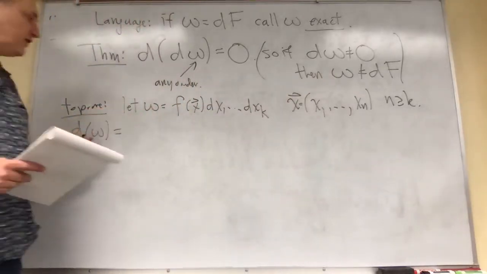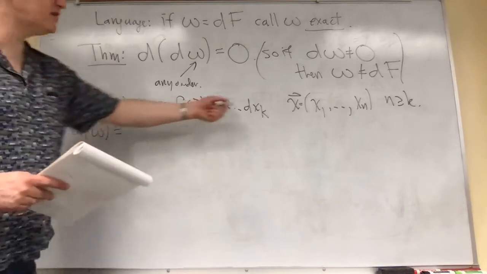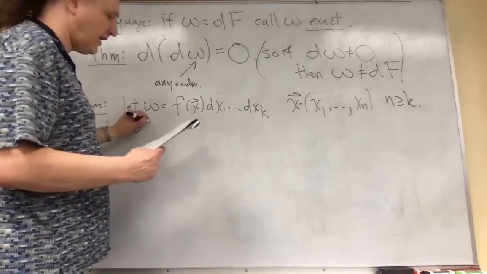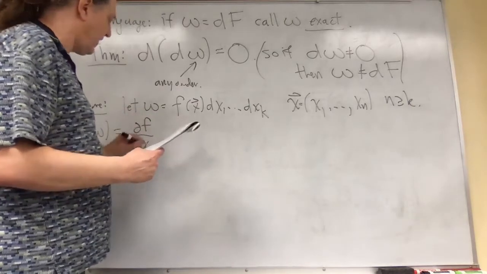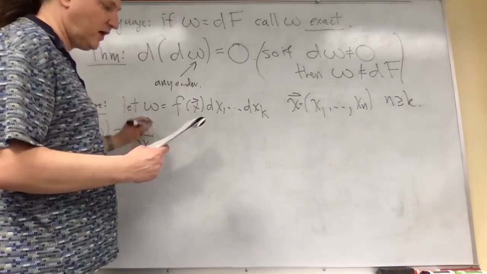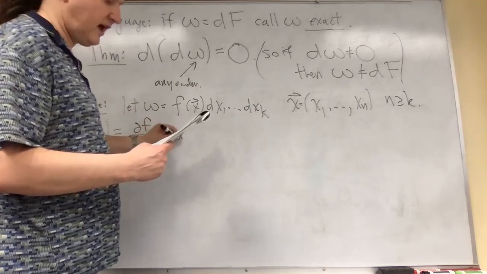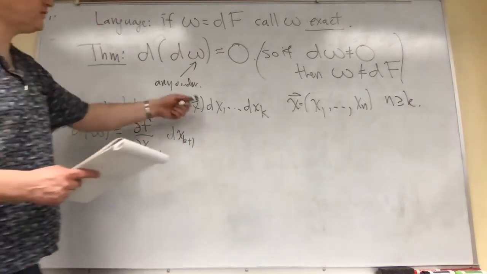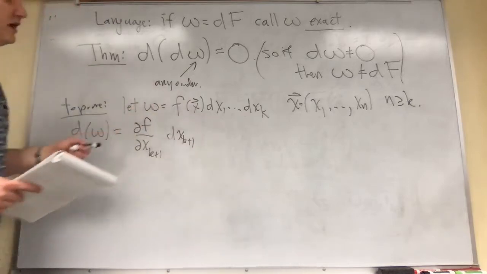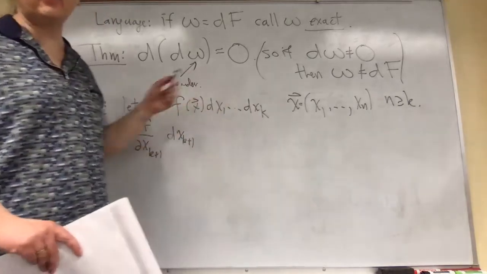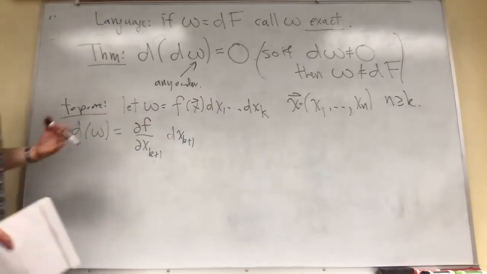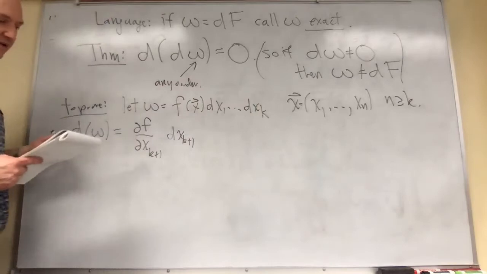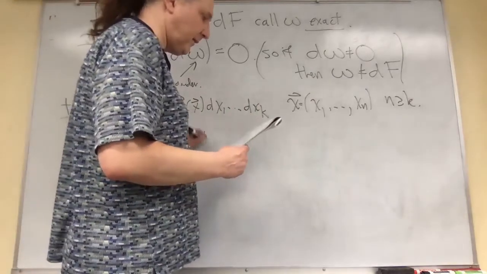Not this, but the first derivative would be 0 because there's no new variables. But there are new variables, so we have things like del f, del x, k plus 1, dx k plus 1. Then we're just finding the total derivative of f here, ignoring the first k variables, because the first k variables will cancel with these differentials here when we multiply them out.